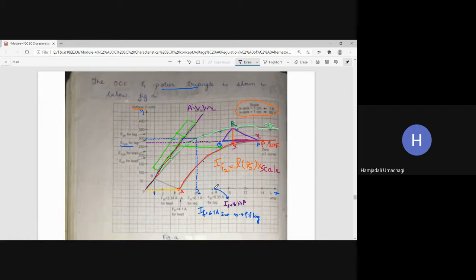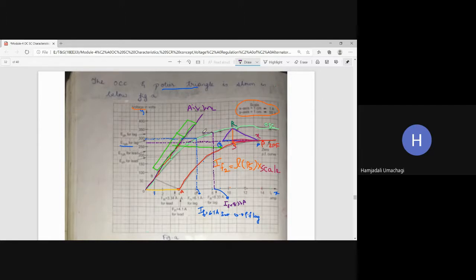Now for this 8.33, take the vertical upward projection, a straight line, such that it touches the OCC. OCC means this light green color curve. It should intersect with the OCC, not the ZPF.